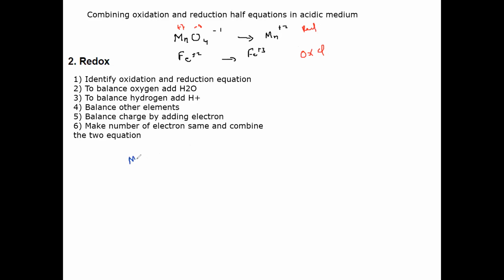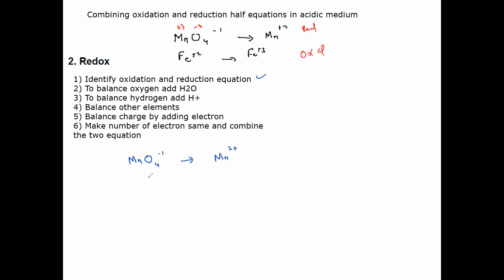First it is MnO4 with a charge -1 changing to Mn2+ or +2. To balance oxygen, first identify oxidation and reduction, that is done. To balance oxygen, add water.